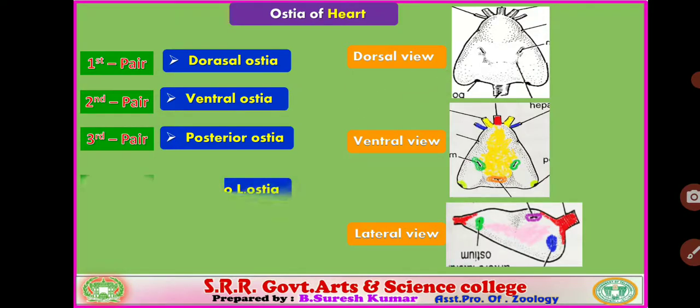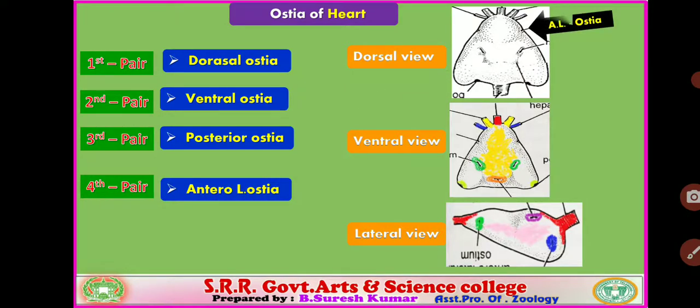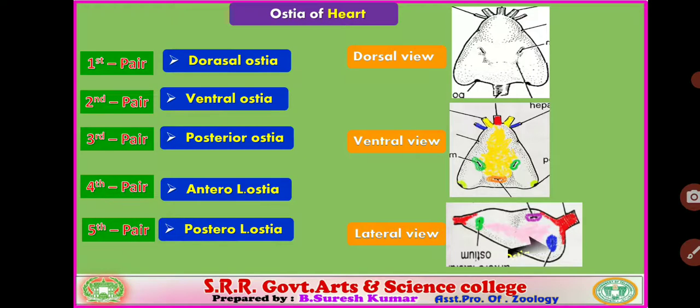And the fourth pair, anterolateral: you observe the anterior end of the heart, one on either side, on the lateral wall of the heart, anterolateral ostia are present. And the fifth pair, you verify at the posterior side, they are posterolateral ostia. Followed? So these are the five pairs of ostia that are accommodated in the wall of the heart.